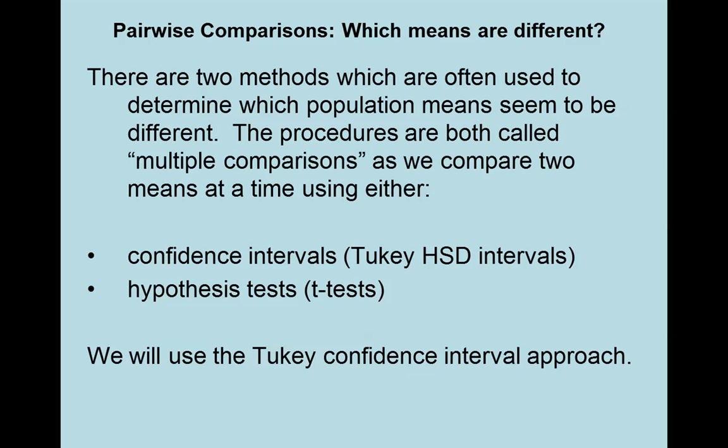But the idea is you're going to be making more than one statement. You're going to be analyzing more than one confidence interval. So you want to be able to say for the multiple comparisons, for all the statements I'm making, I'm 95% confident that simultaneously they all are correct. And that's sort of what the Tukey methodology and some of the other methods that are out there attempt to do.